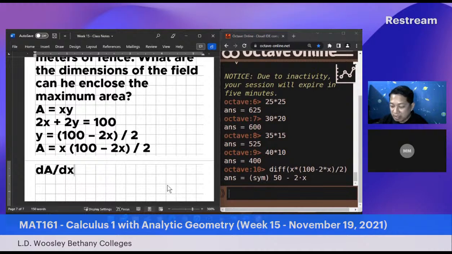Saka Micaela, pag magdi-derivative ka, dapat isa lang ang variable. Hindi pwedeng x and y. Kaya kailangan nating i-substitute or i-eliminate yung isang variable by using the prevailing conditions. So from here, we could say based on this, 50 minus 2x. Mukhang hindi tayo niloko nito. Hindi naman siguro, no? So, may tiwala tayo sa Octave. 50 minus 2x, i-equate natin kay 0 to. Tama? Equate that to 0. Solve for x. Mikaela.